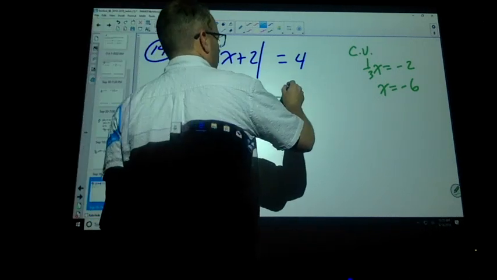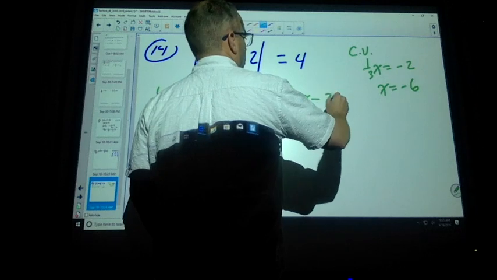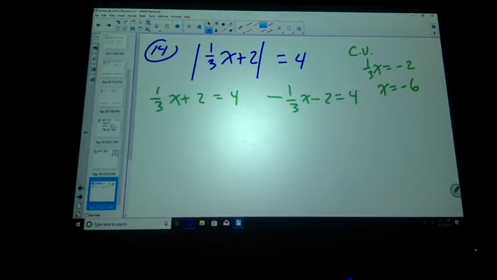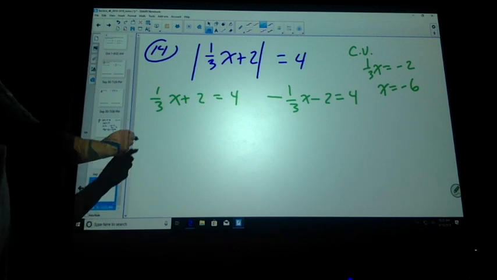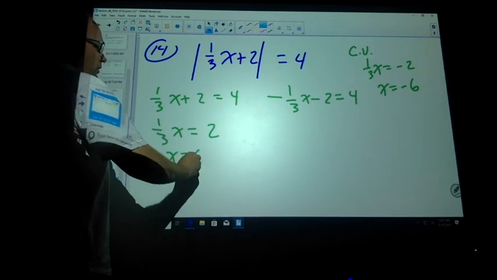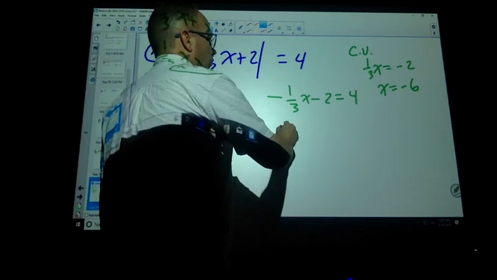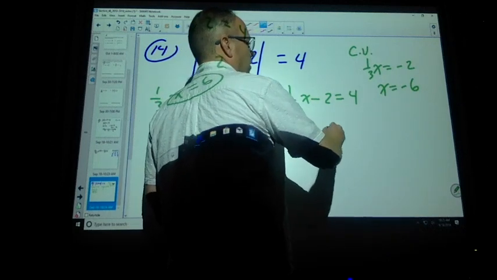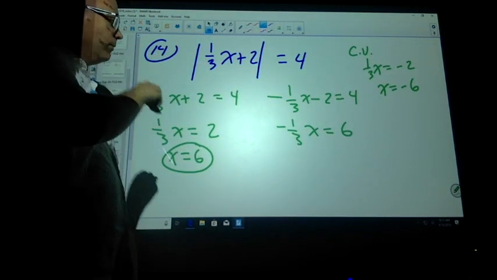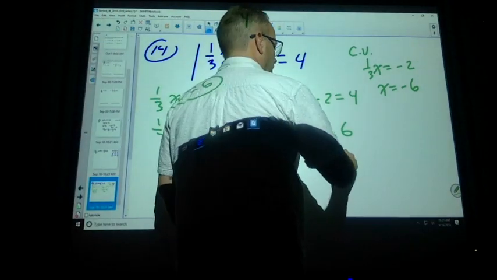My other equation is going to be negative 1/3 x minus 2 equals 4. Agree? Because you basically distribute negative 1 over your absolute value. So I'm going to work this out. This is going to give me 2, so x equals 6. There's one value there. This one I'm going to multiply each side by negative 3, right? Is that negative 18?